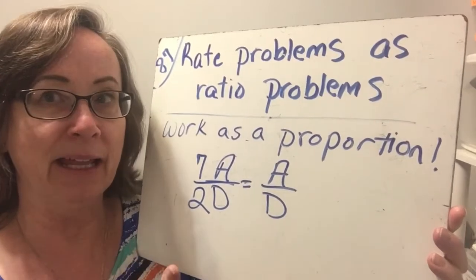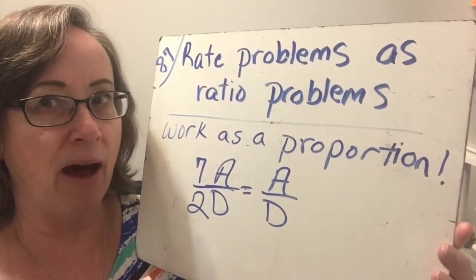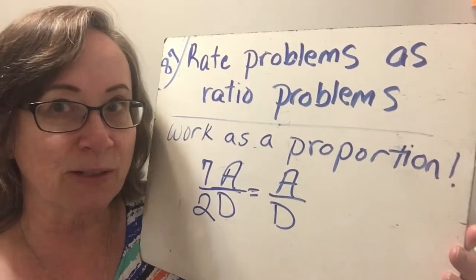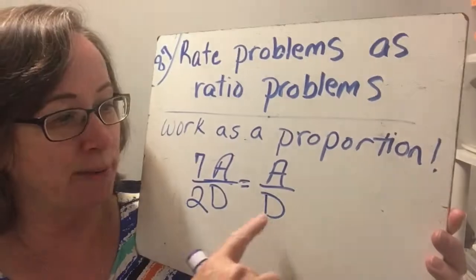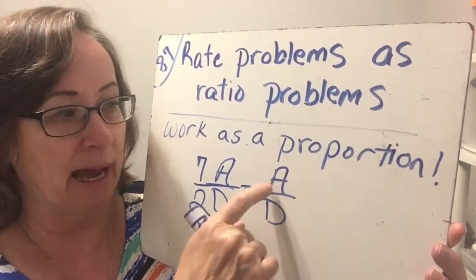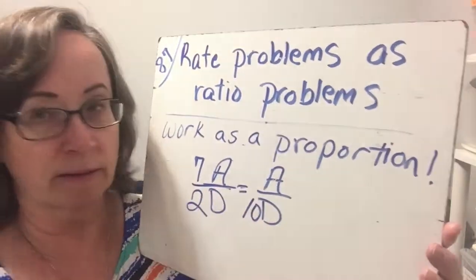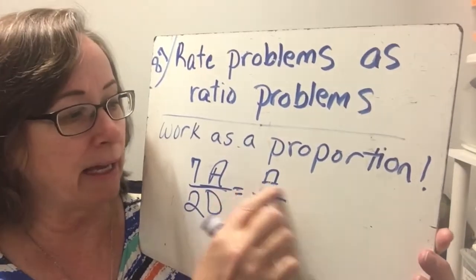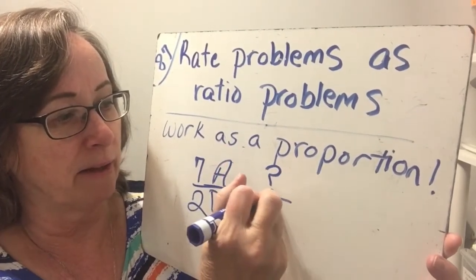The first time we did it, we wanted to find out how many apples we could get for $10. So I'm going to make this my blank. How many apples for $10? This is my question here.